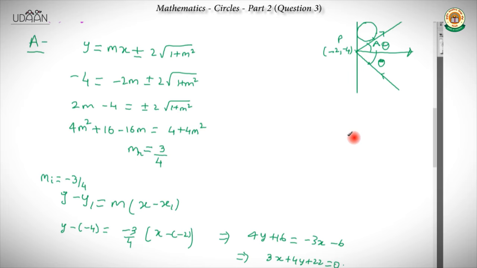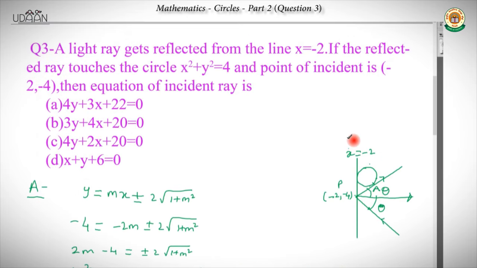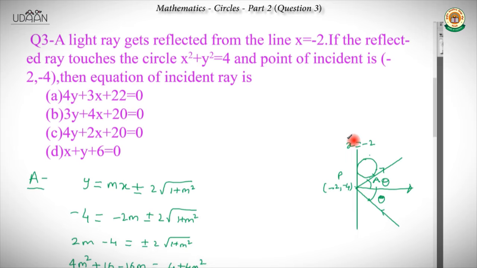Alright, so what we did in this question was a pretty simple question. Certain assumptions were given that the line is incident and touches the circle at so and so, and it touches the point minus 2 comma minus 4. We started from the reflected ray, since we knew that it is intersecting the point minus 2 comma minus 4, and we also knew that it is tangent to the given circle.